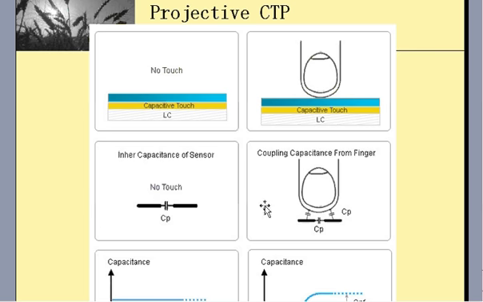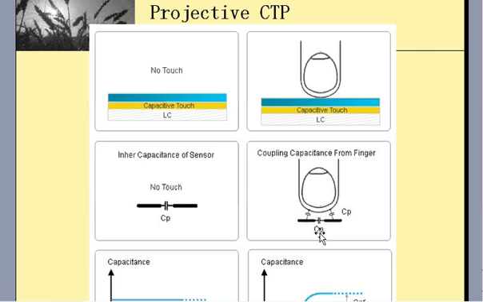Okay, and when the finger gets very close to the sensor, then the finger itself will produce a finger capacitance between the two electrodes. Actually, this should be CF, not CP.